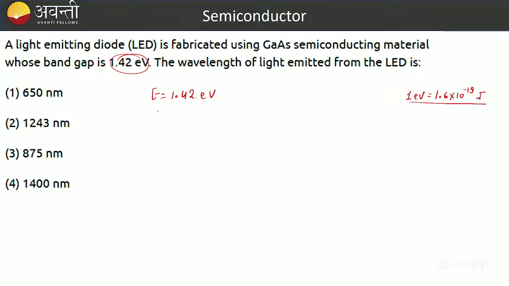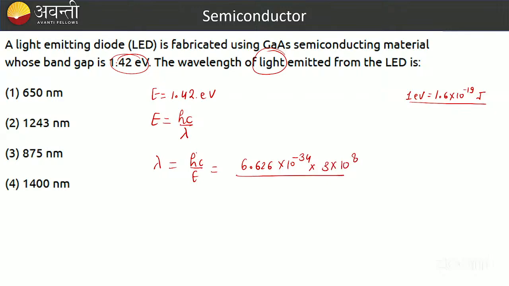Now, for the wavelength emitted by the LED, and this is the wavelength in the form of light, we know according to Planck's formula, E is equal to hc upon lambda. Now lambda will become hc upon E. We know that h has a value of 6.626 × 10^-34. C is 3 × 10^8 meter per second.